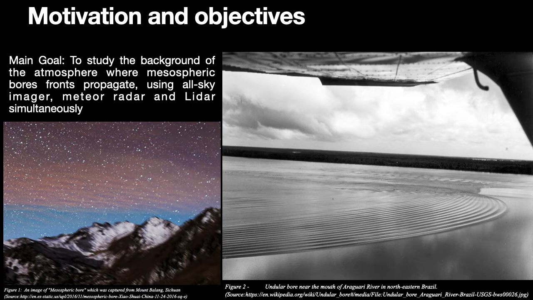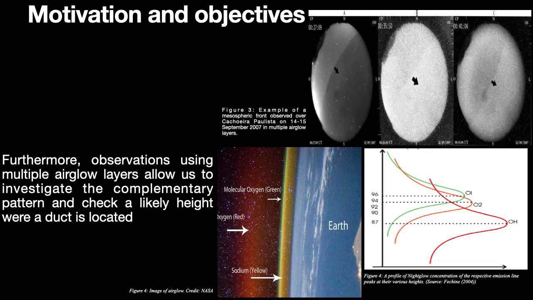Those pictures show, on the left, a mesospheric bore observed in the night sky over the mountain Balong. On the right we can see a kind of undular bore in the Brazilian river. Actually, we can use the fact that the airglow layers come from different altitudes, as we can see on the bottom right.